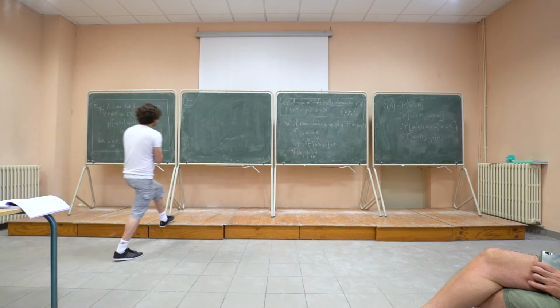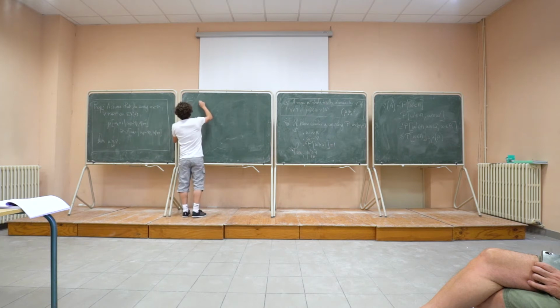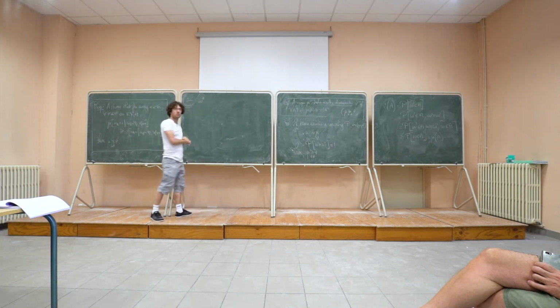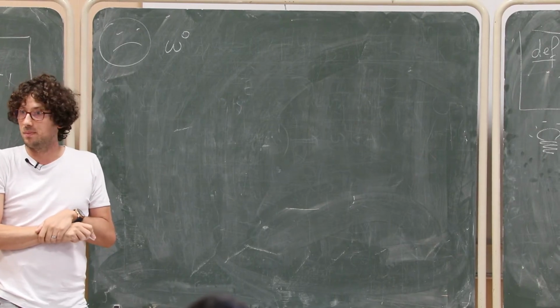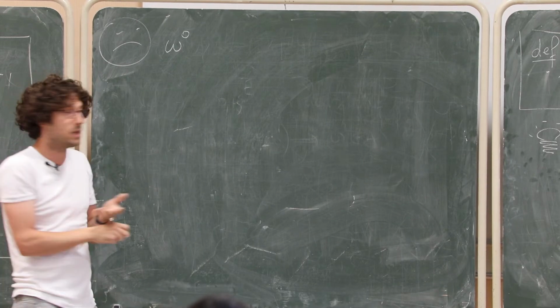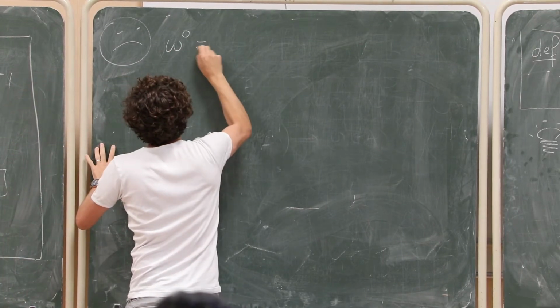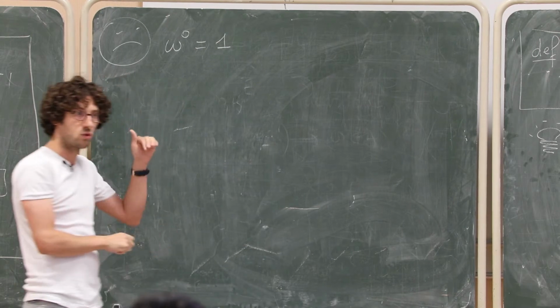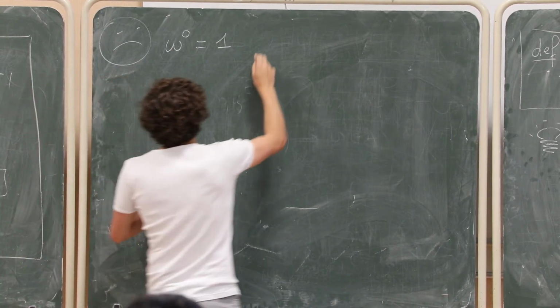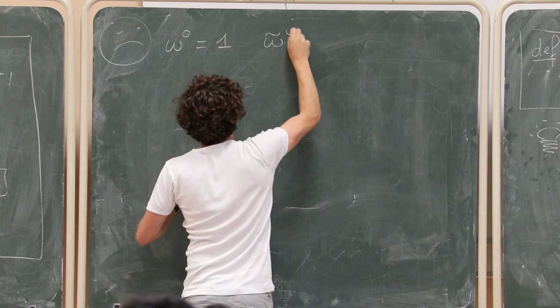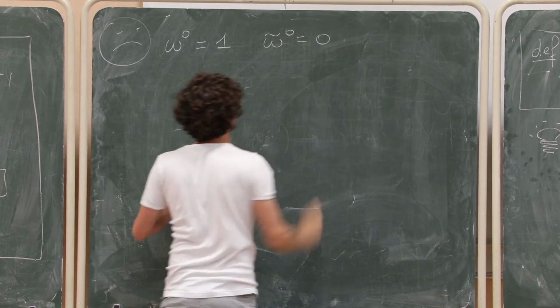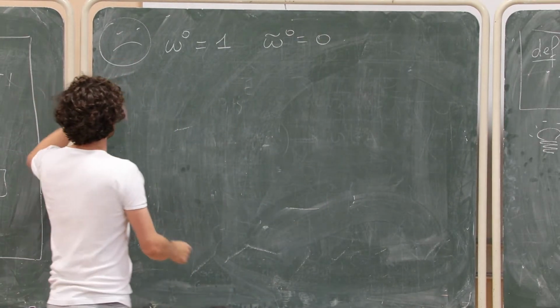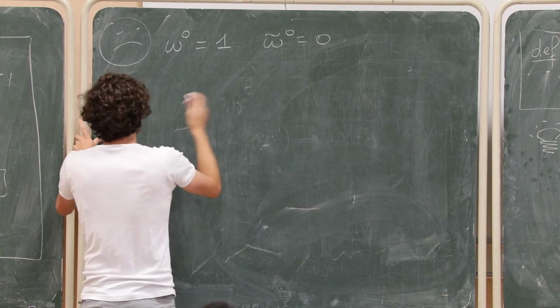So first thing we are going to do, we are going to start with the first configuration, which is the biggest one possible at time 0, meaning we are going to start with omega 0 equal 1, meaning the constant function equal to 1, and omega tilde 0 equals 0. And now we are going to run a continuous time dynamics.